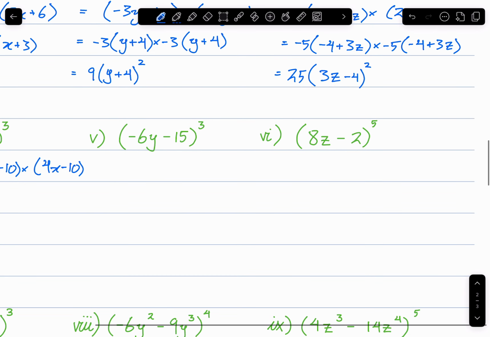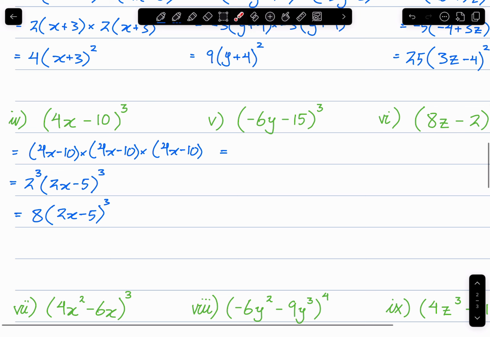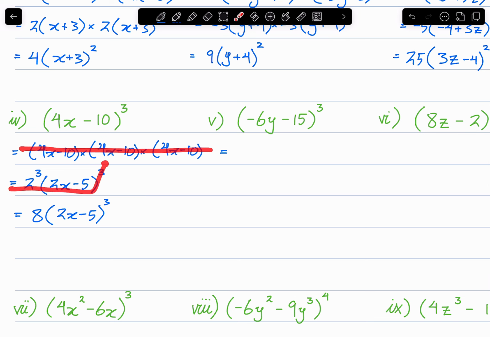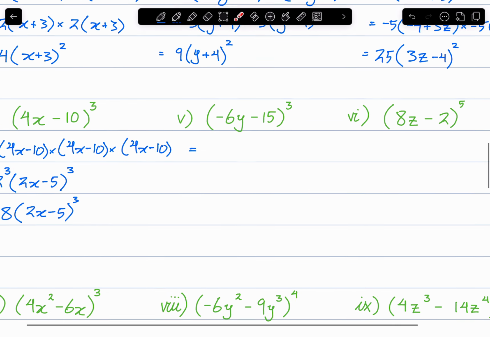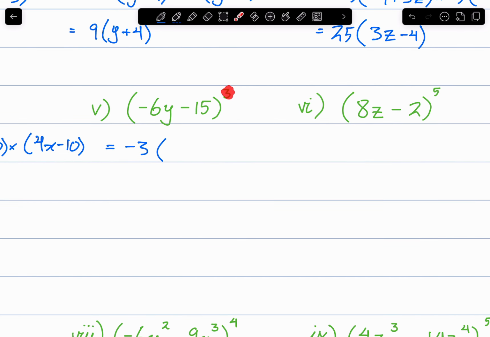Now, a similar thing, but this time we're going to get a negative out of this. So take a close look. In both of these, I can factor out a negative 3. So I'm now going to skip this step and go straight to this one. So negative 3 comes out, and I'm going to leave some space for an index. Now, if we were to factor this, negative 3 coming out of this makes this a positive 2y and this becomes a positive 5.